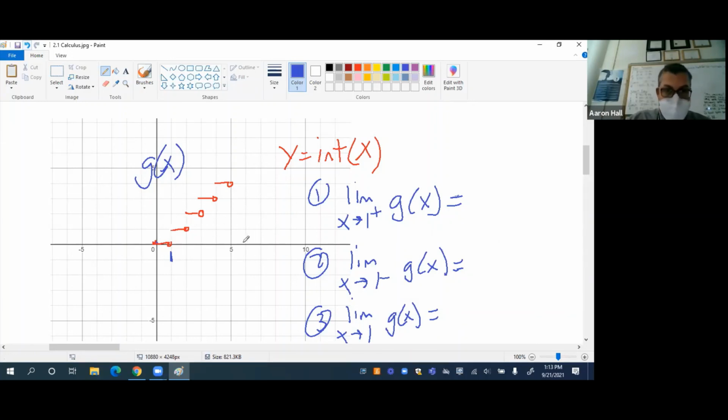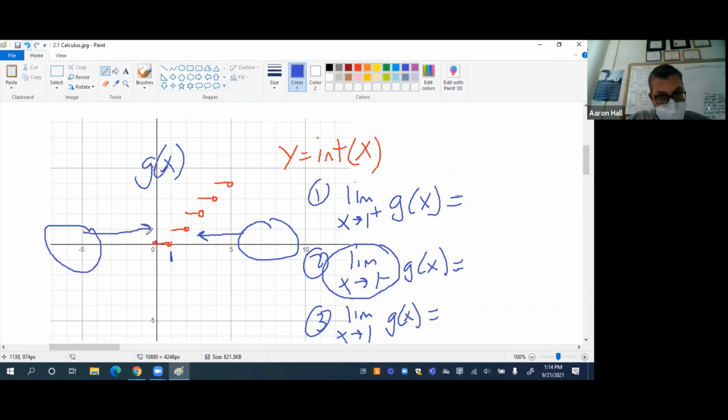From the right hand side. Is it the positive direction of the graph or the x-axis? So I'm approaching 1 from the positive side. So that's this way. Here I'm approaching 1 from the negative side.